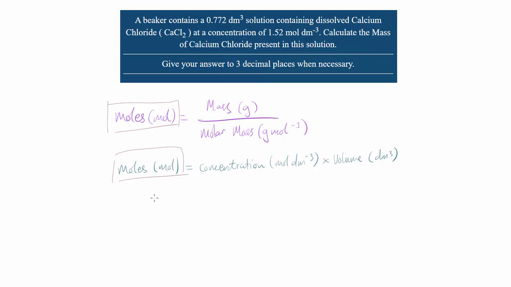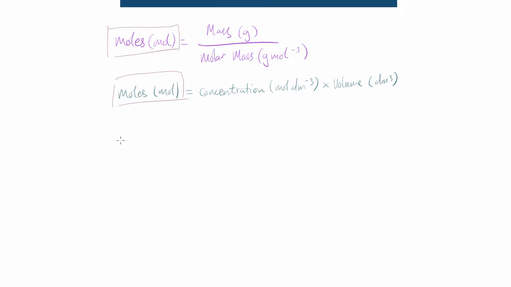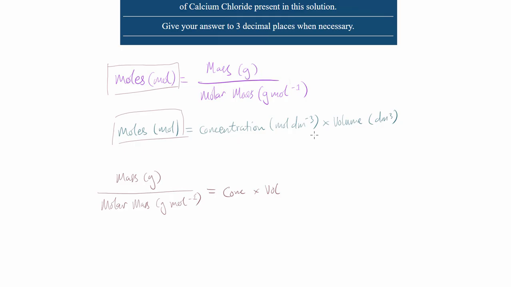That gives us the mass in grams divided by the molar mass equals, and in the interest of speed, I'm not going to write out the full units for concentration and volume, just conc times vol.